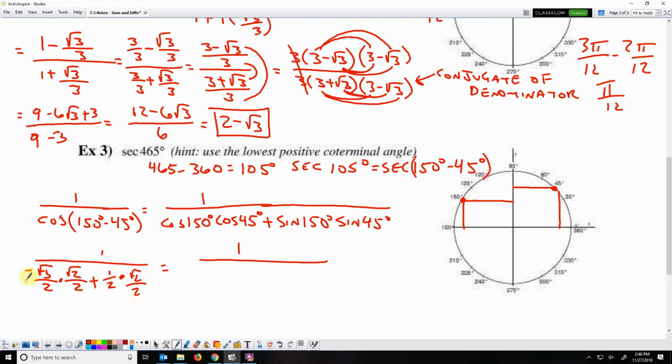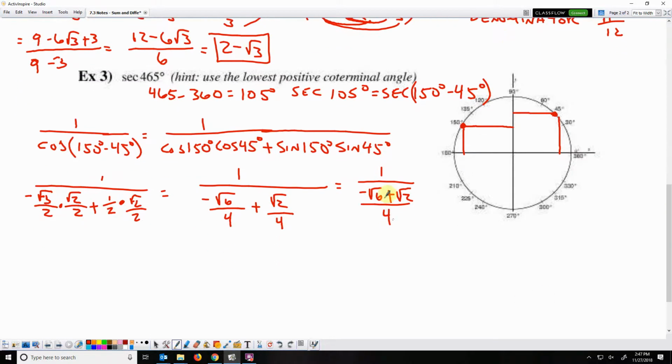So now we simplify. Negative root 3 over 2 times positive root 2 over 2 is negative root 6 over 4. And 1 over 2 times root 2 over 2 is root 2 over 4. So I can simplify to 1 over negative root 6 plus root 2 over 4.